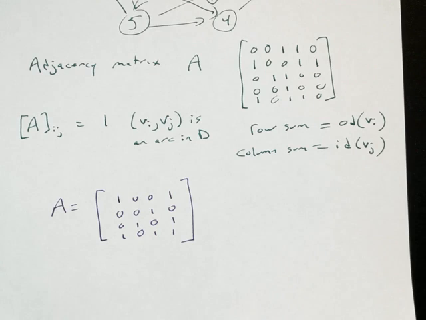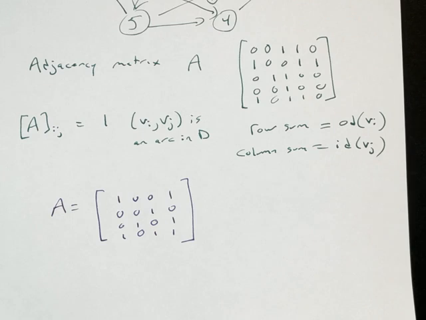The matrix is symmetric. Does it contain loops? Why, Reese? There are 1s on the diagonal. There you go. Draw me the graph.